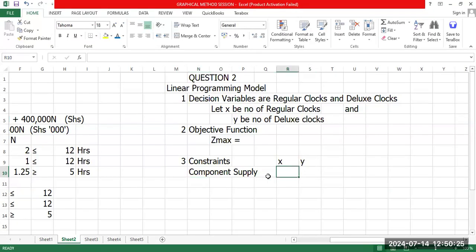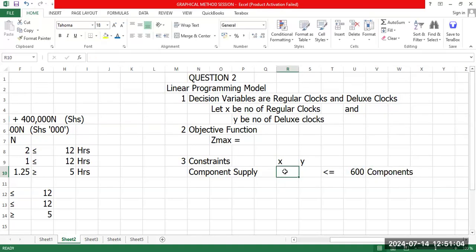For me, I like starting with what? With the limit. It is less or equal to how many components? It is limited to how many components? 600.